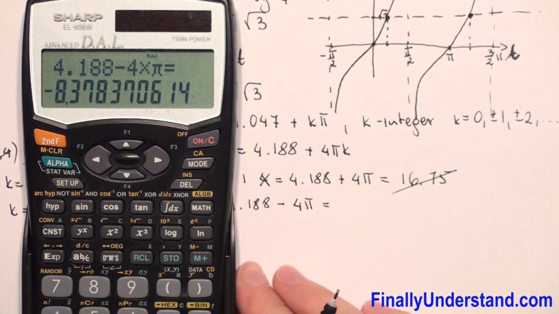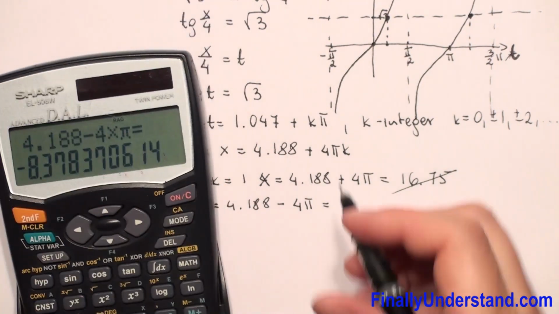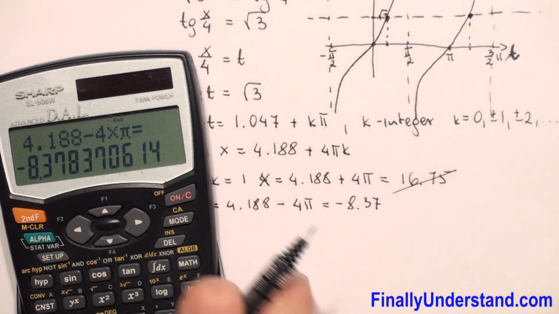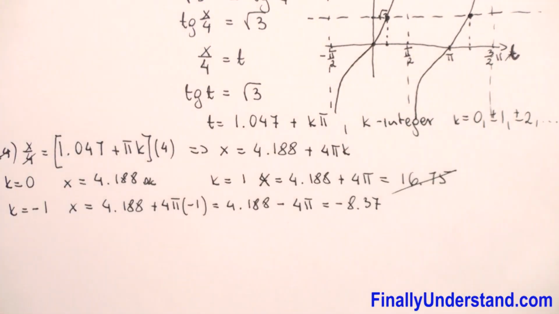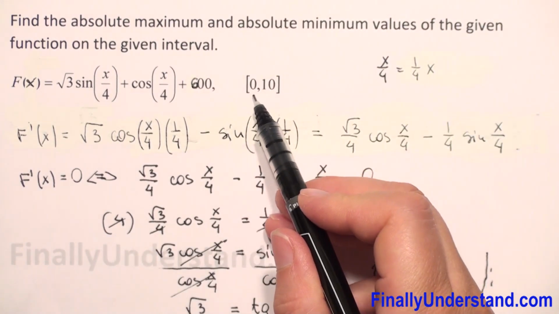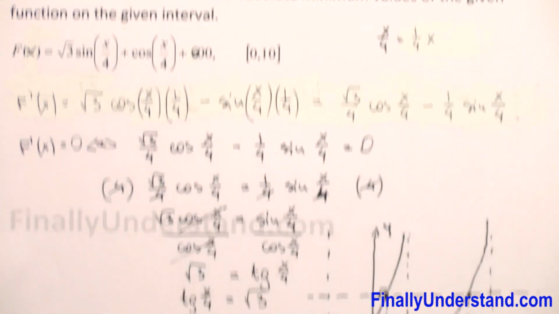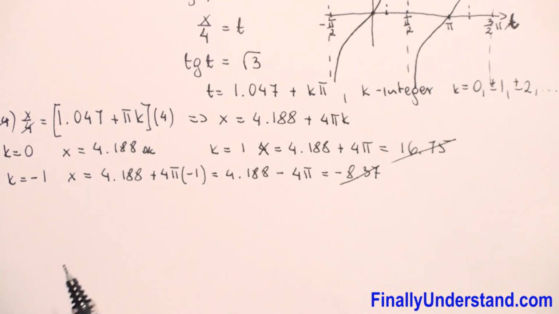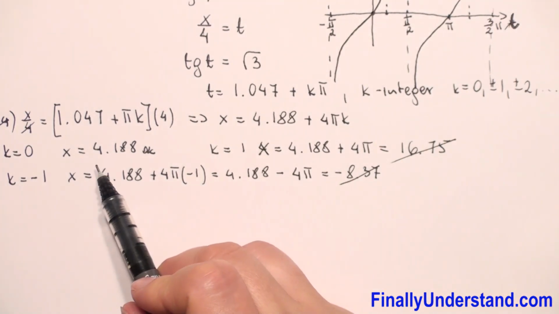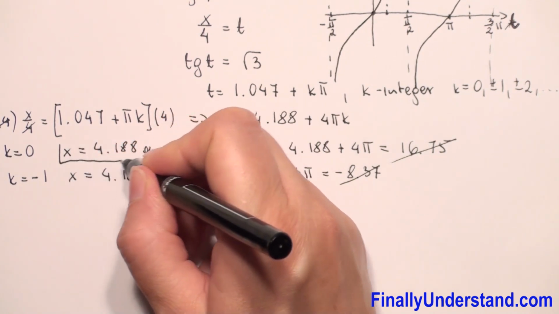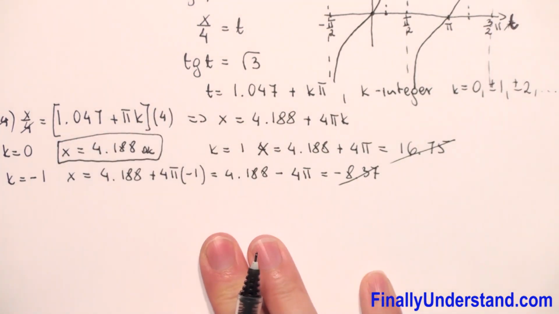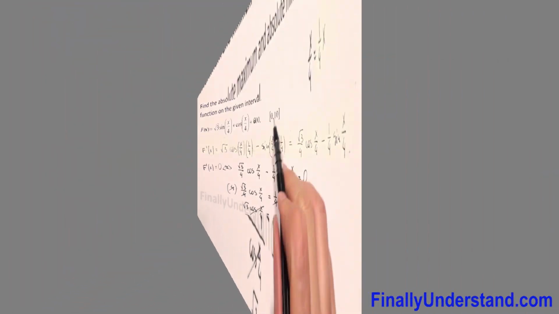This is equal negative 8.37. This number doesn't belong because we have only positive values from 0 to 10. So we can cross. So we have only one critical point which belongs to our interval.